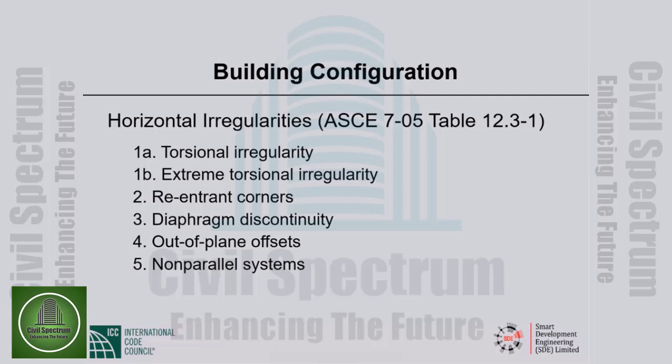So a table of what used to be called plan irregularities, and it is still called plan irregularities in BNBC. We now call them horizontal irregularities.